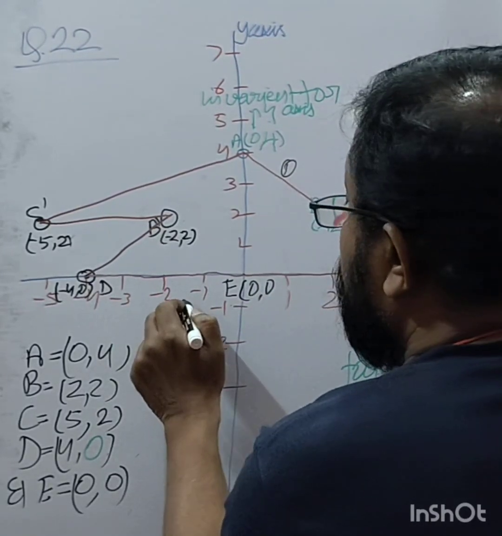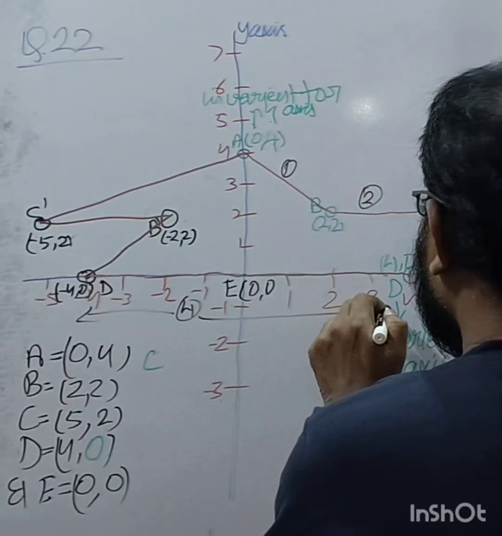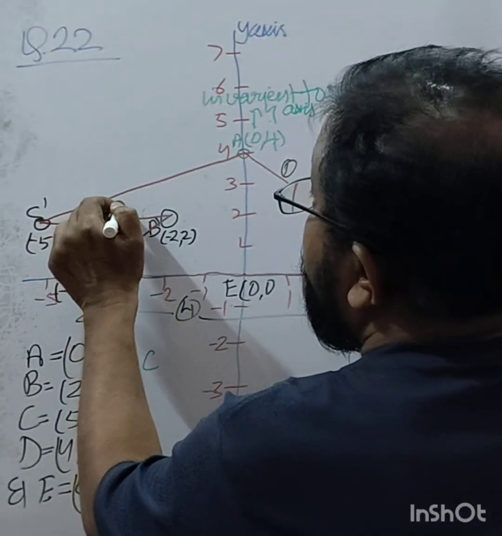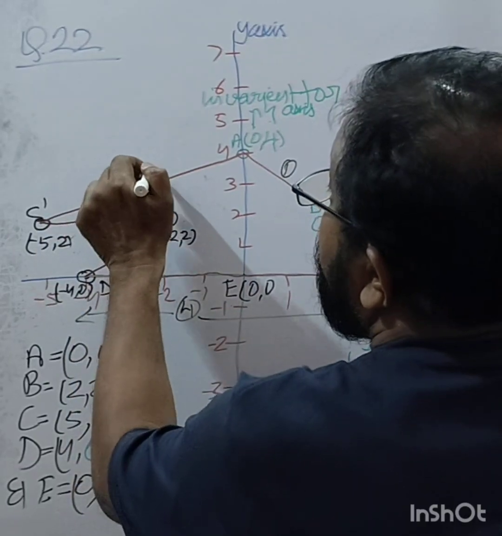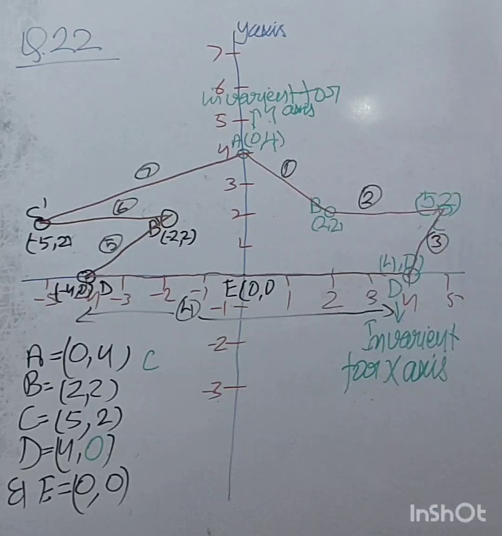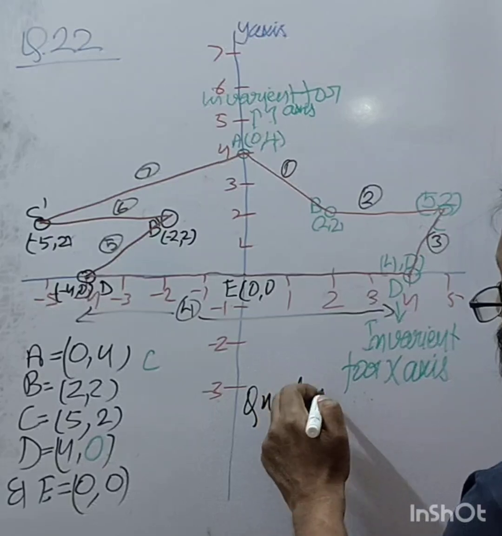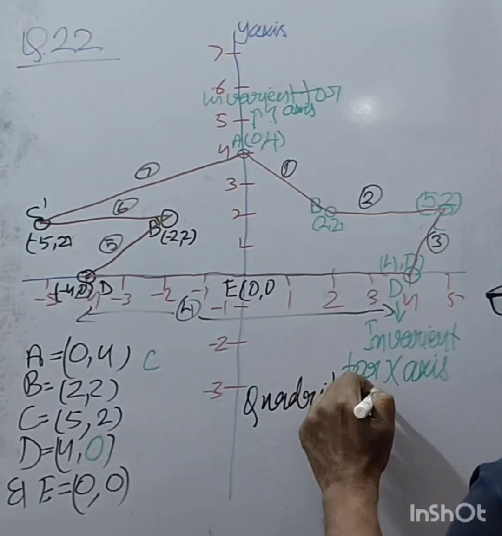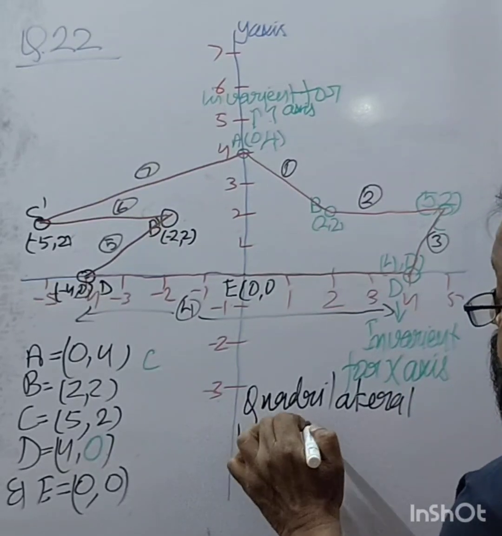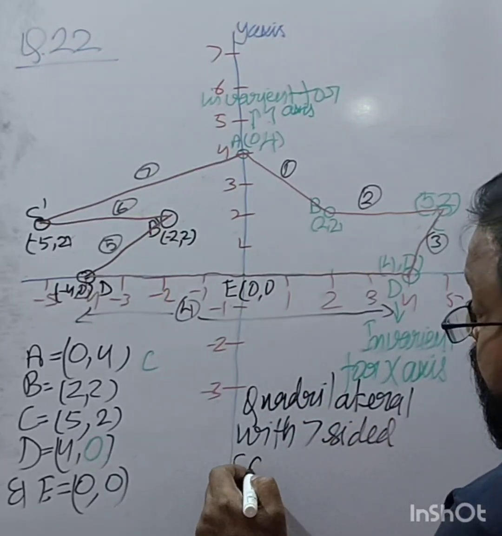This whole is a 4. Then we have 5, 6, 7. So a quadrilateral with 7 sides is called a heptagon.